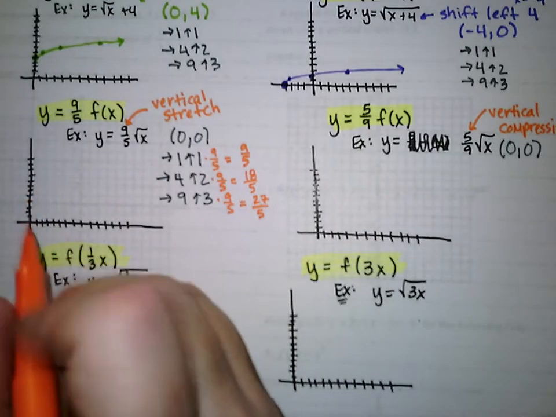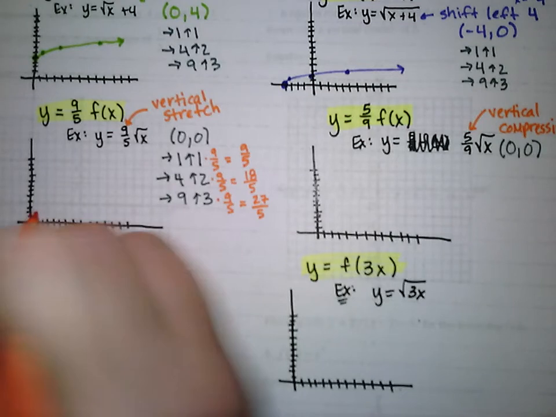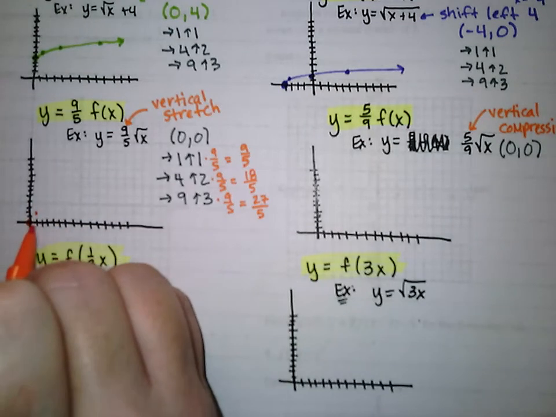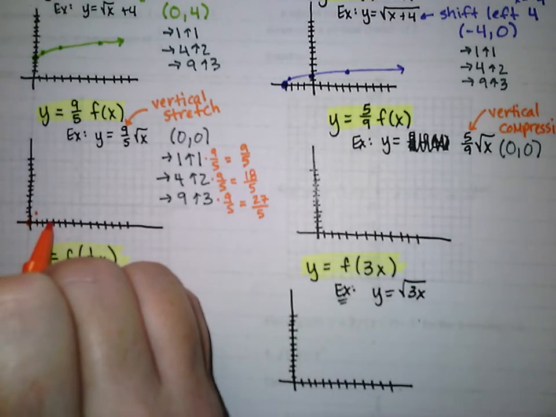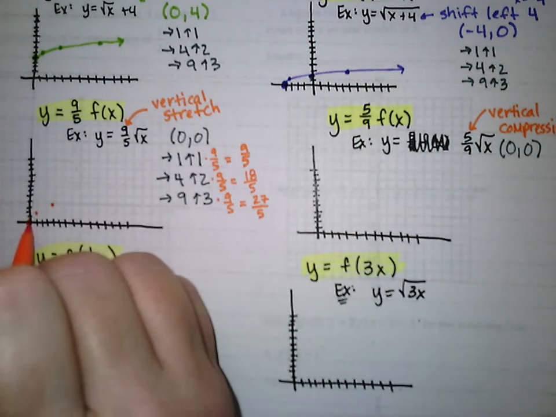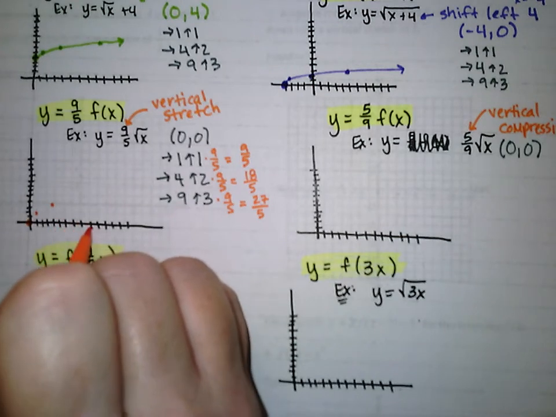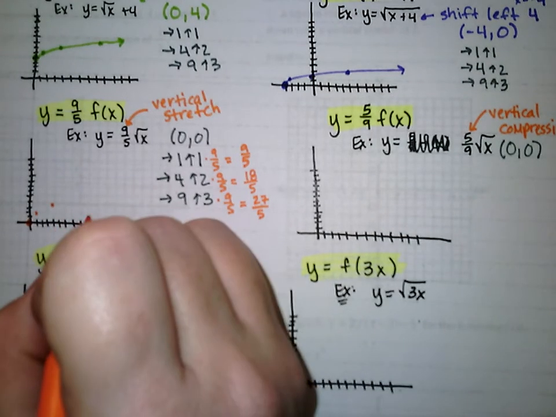So I'll still start from 0, 0, but I'm going to go over 1 up almost 2. And then I go back to the start, go over 4 and up almost 4. And then go back to the start point. I wish I would have labeled these. Over 9, up bigger than 5.